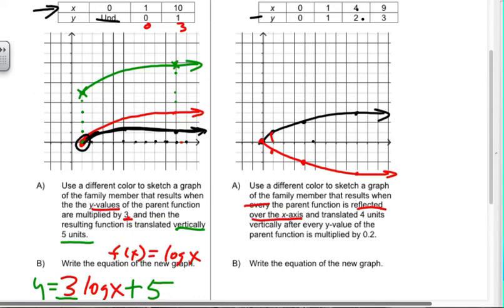You've got an "and" part, so we're going to translate 4 units up, but only after every y value is multiplied by 0.2.